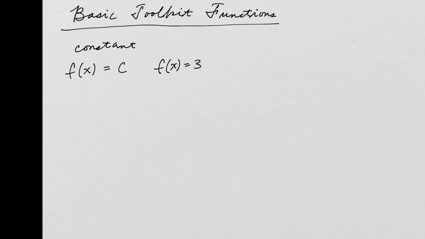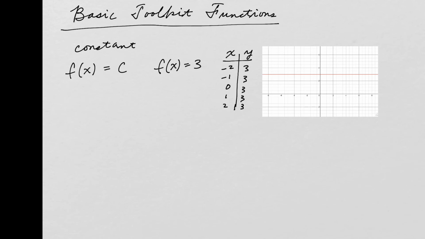So if I form a little table here, right, of x and y values, regardless of what my input is, so let's say I'll just use -2, -1, 0, 1, and 2, my output value is always going to be 3. So let me plot that. And it's going to look something like that, right? Where the output values are always going to be a positive 3. So it's just going to be a horizontal line, basically.